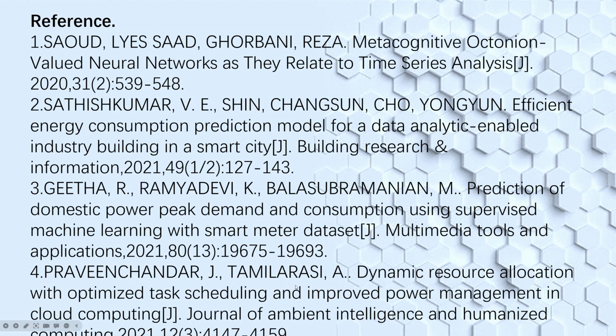Dynamic resource allocation with optimized task scheduling and improved power management in cloud computing, Journal of Ambient Intelligence and Humanized Computing, 2021, 23, 4147 to 4159.